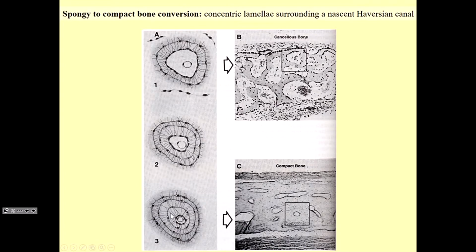So eventually it kind of fills in. So what was a large space becomes now a much smaller space with these concentric rings, lamellae, forming what we recognize now as a Haversian system, an osteon. Okay, so it's just by filling in a larger space, always around a blood vessel.